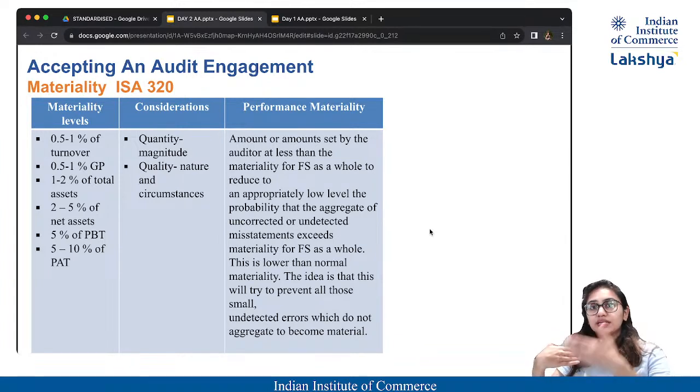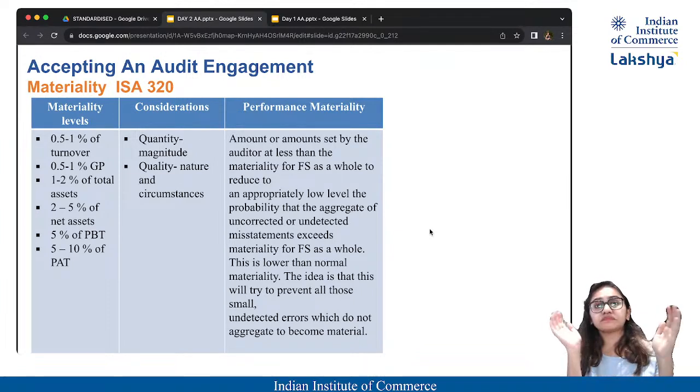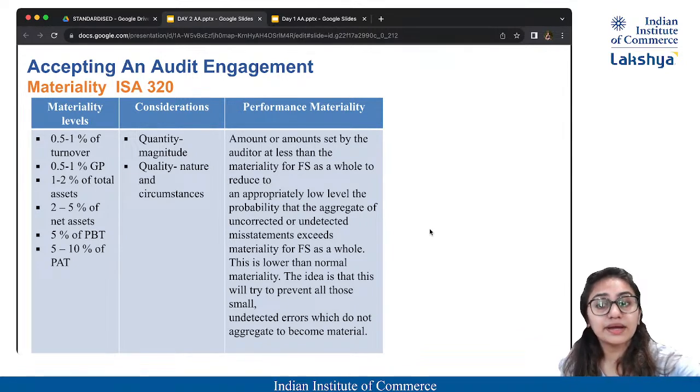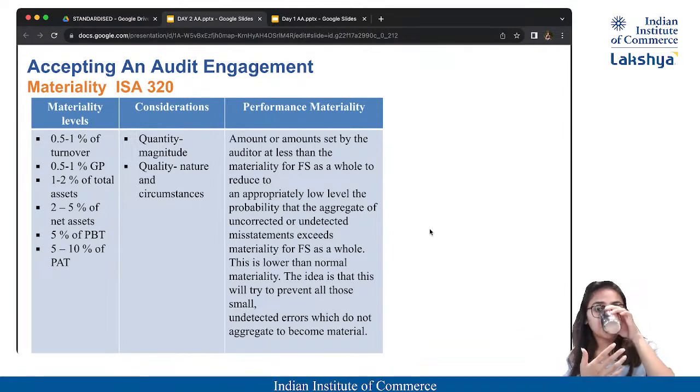But if I'm having misstatements of 200, 300, 400, 450, when I aggregate them together, they become material, because 200 plus 300 plus 400 plus 450 plus 100 plus 50 together becomes more than 500. That is performance materiality. It is a level below materiality, and when you aggregate all of this, it becomes material. So that is my performance materiality.